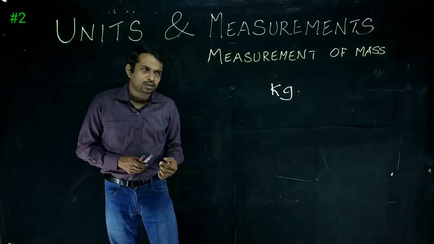Suppose if this clock is showing 12 o'clock, this clock at the same time may be showing some value like 11:59:57. That is, there is an error of around 3 seconds, or it might be showing something like this also. It has gone up some 5 seconds. So what does that mean?